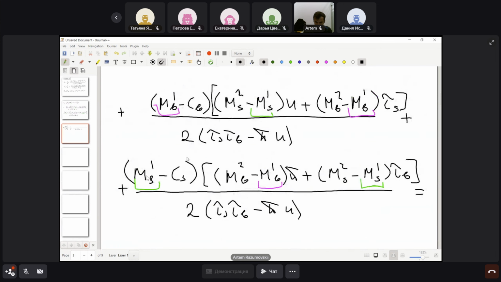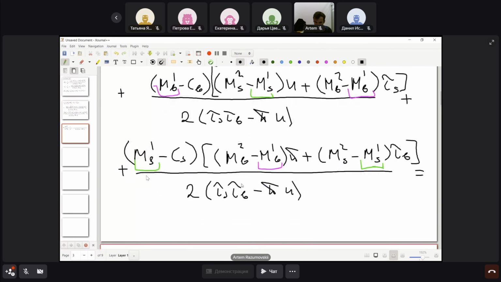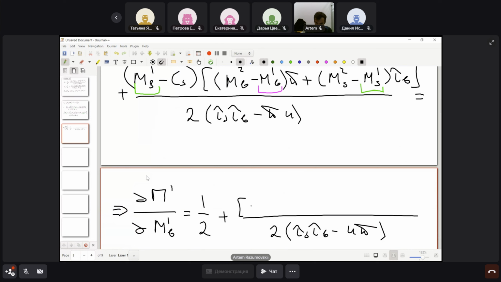And then we have all these brackets, which is m sellers 2 minus m sellers 1 times u plus m buyers 2 minus m buyers 1 times tau sellers.